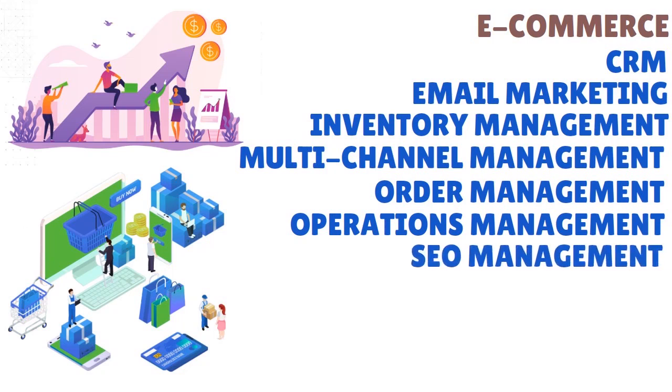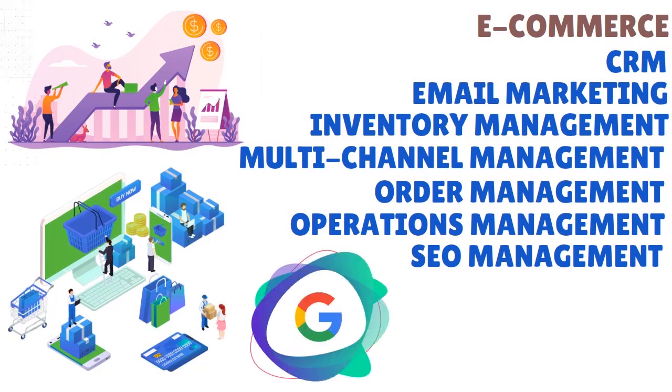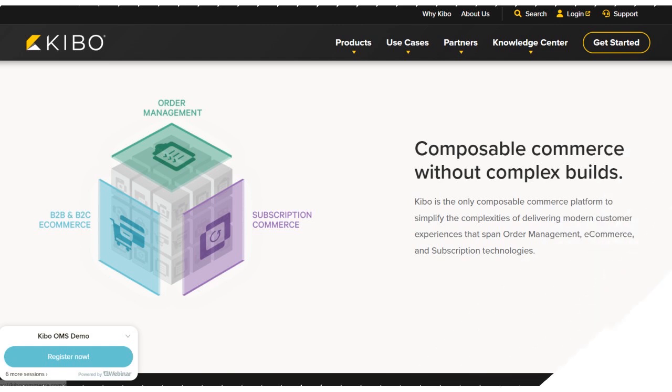SEO management is kind of cool because within Kibo Commerce, it doesn't matter whether you are targeting Google for SEO or you're targeting Bing or even Yahoo search. What Kibo does is apply your input in terms of SEO to all of them. So Kibo will take your input and make sure the output matches what you really want to see.